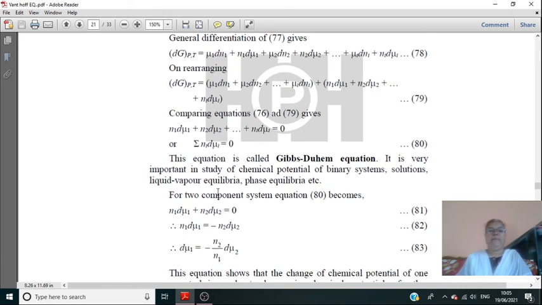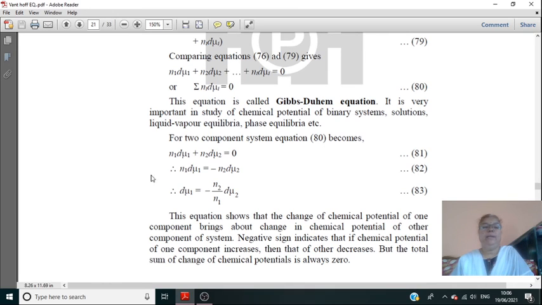This equation is called the Gibbs-Duhem equation. It is very important in the study of chemical potential of binary systems, solutions, liquid-vapor equilibria, phase equilibria, etc. For a two component system, equation 80 becomes N1 dμ1 plus N2 dμ2 equals 0.